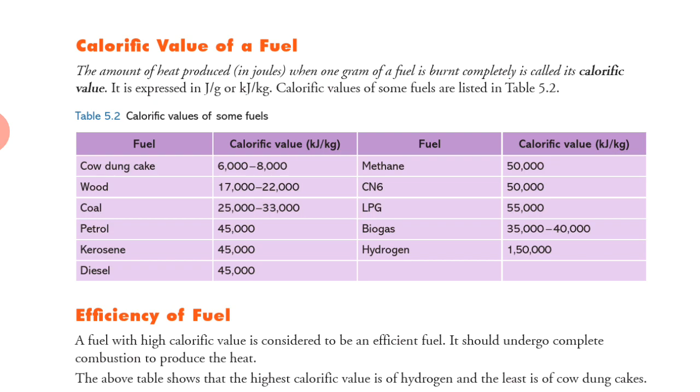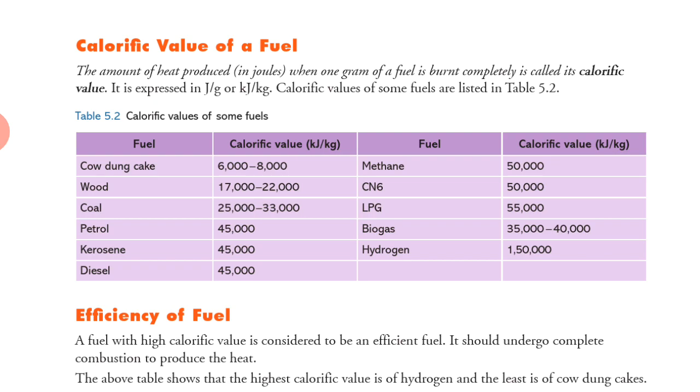So the question can be asked, which substance has the highest calorific value? It will definitely be hydrogen. You need to keep in mind that the one having the highest calorific value is hydrogen.